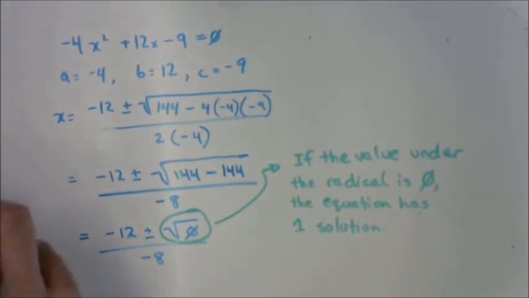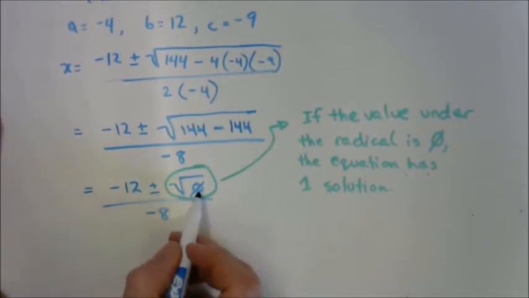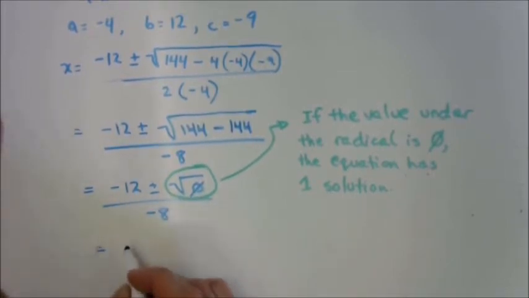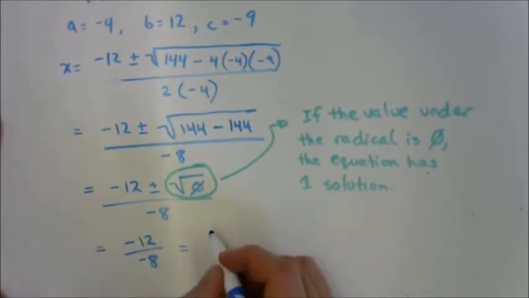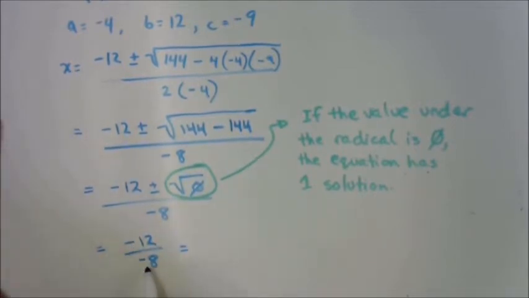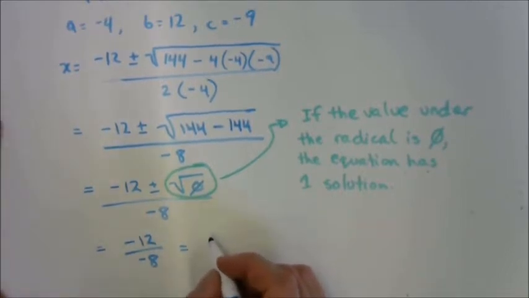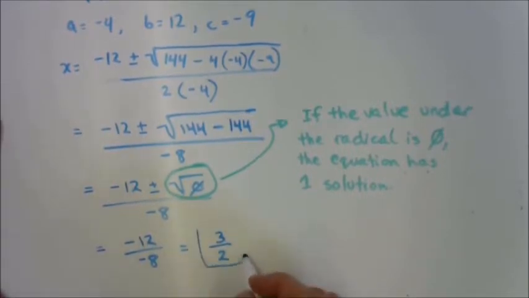In order to prove that, I can just finish out this equation. Remember, negative 12 plus 0 and negative 12 minus 0 is the same thing. So you're just left with negative 12 over negative 8, which is positive 12 over 8. And then we can reduce that. It becomes 3 over 2. One solution.